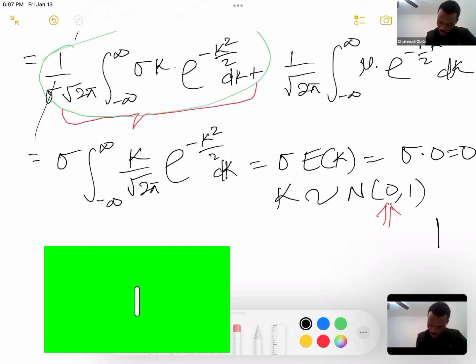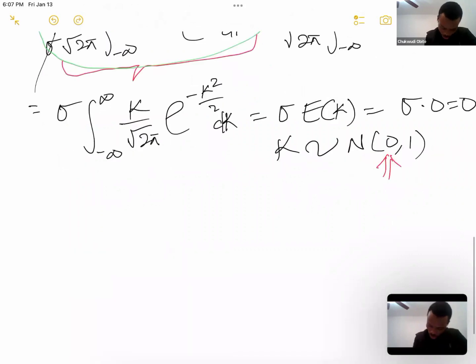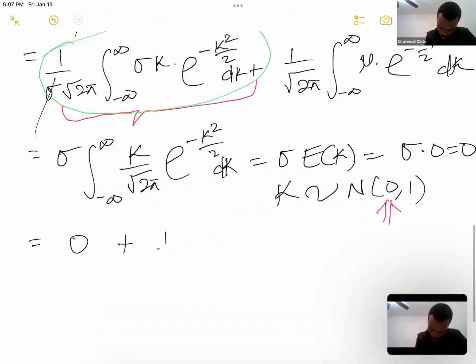So back to the second part. We have 0 plus 1 all over square root of 2 pi. So let me call this 2 asterisk. So I'm continuing from 2 asterisk.